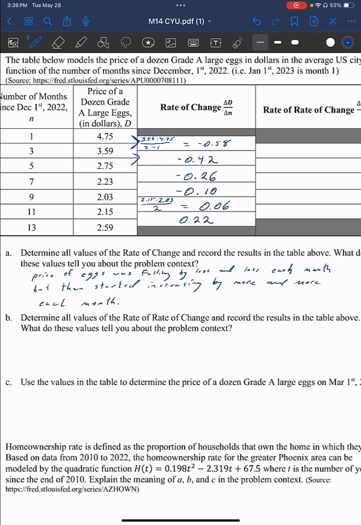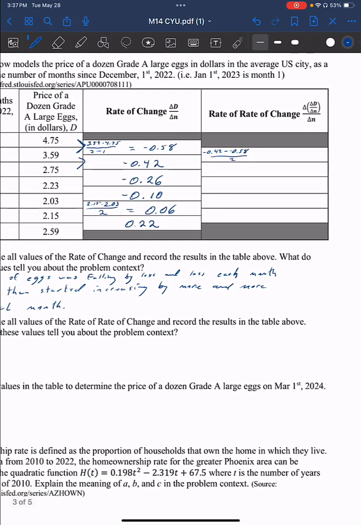Okay, so now it's asking me to find the rate of the rate of change and record the results. So just like in the previous problem, I find the change in the rate of change and divide that by the corresponding change in the inputs. And so that would give me here negative 0.42 minus negative 0.58, again all over 2 because they're 2-month periods.